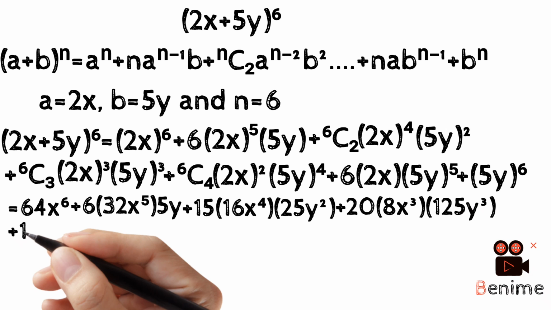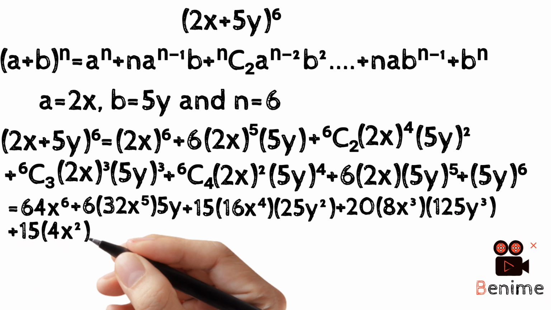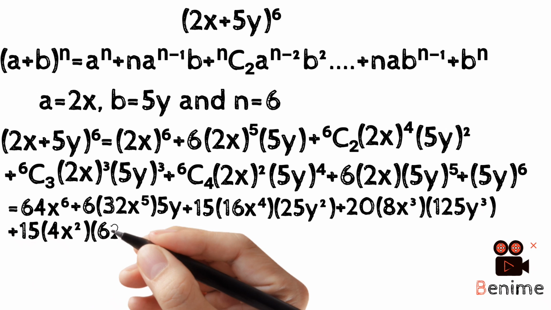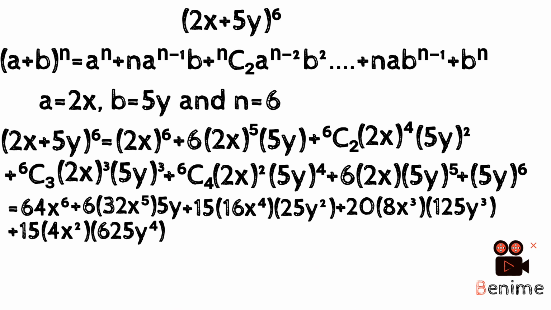So that term now is 15 open bracket 4x squared close bracket open bracket 625y raised to the power of 4 close bracket.